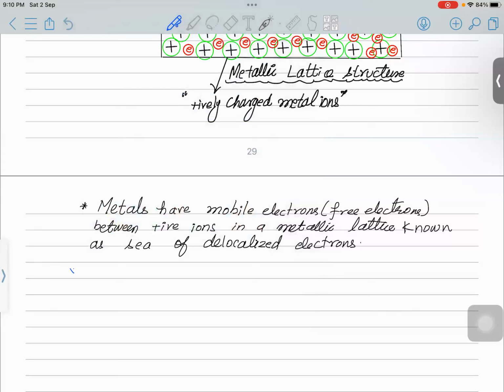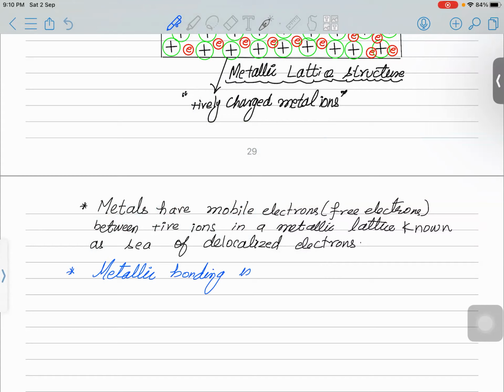Now, what is metallic bonding? Sir, metallic bonding is the bonding between the positive ions of the metal and the sea of delocalized electrons. Exactly.